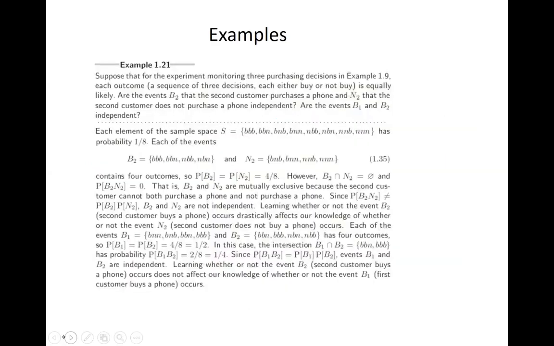Okay, here is an example. We have purchasing decisions again, the Phone Smart company, you remember. Three purchase decisions, each outcome a sequence of three decisions.